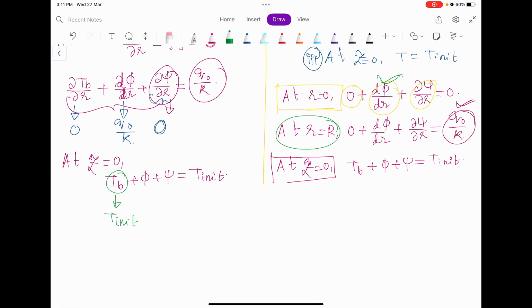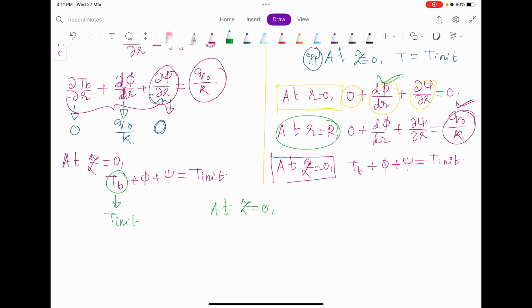For phi I don't have any z dependence, so at z equal to 0 I don't care what phi is, because phi is valid for all z; phi is only a function of r here.